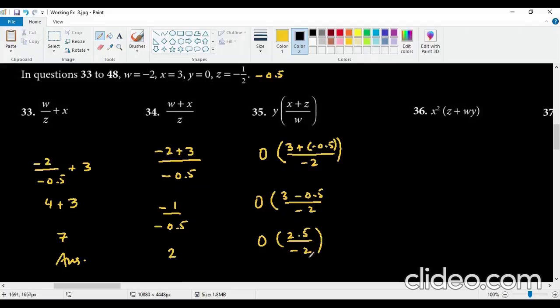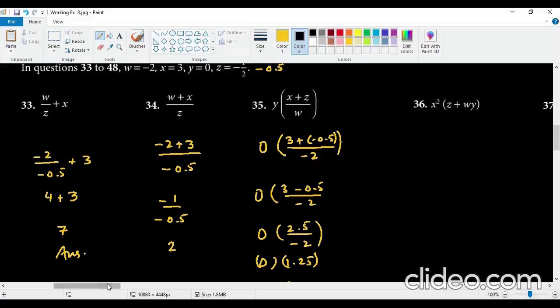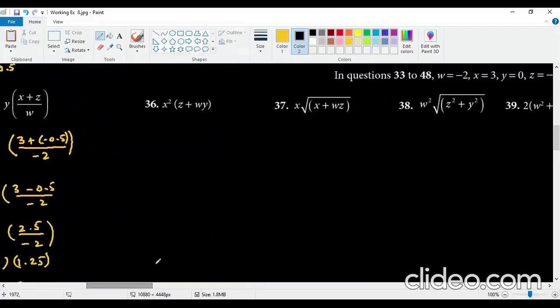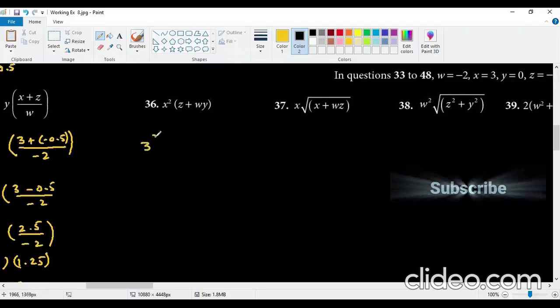So 2.5 when divided by minus 2 is going to give you a negative 1.25, which is multiplied by 0 to give you a 0 as an answer. This working should be seen when you are doing this question in the exam or the test paper.